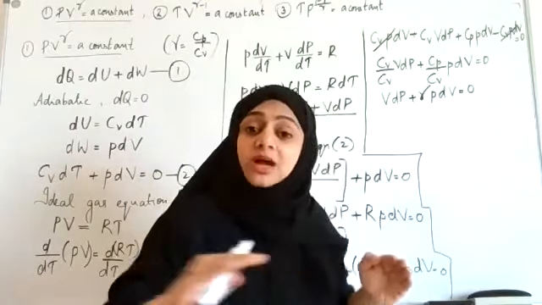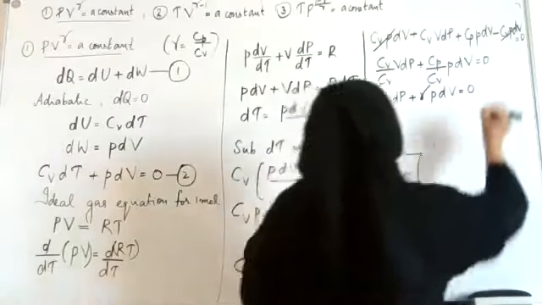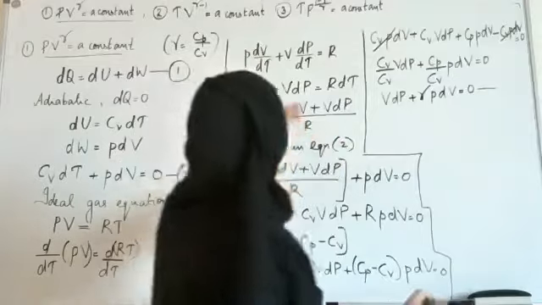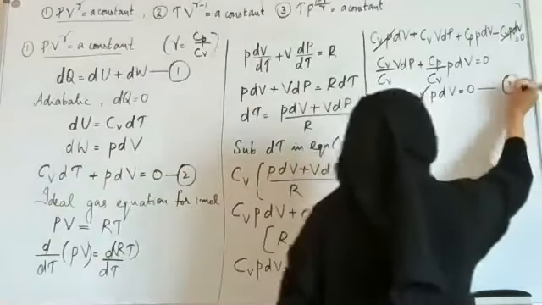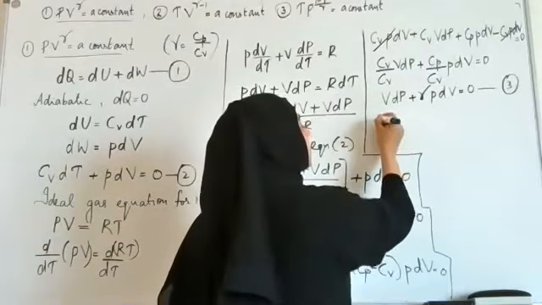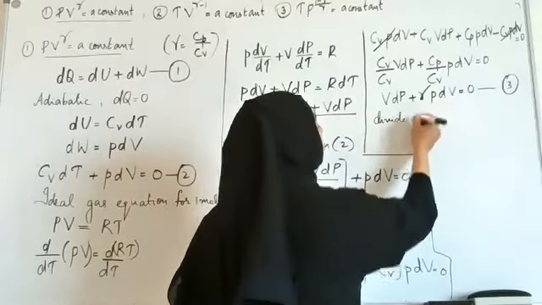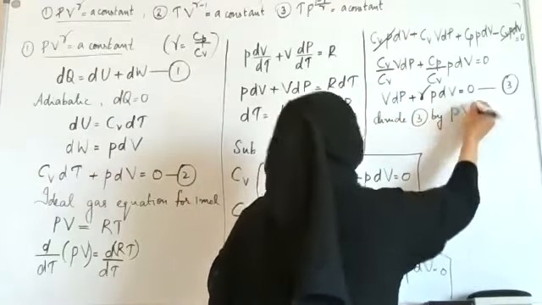I'm going to divide this expression with PV. We got till equation number 2, so I'm going to take this as equation number 3 and divide equation 3 by PV.